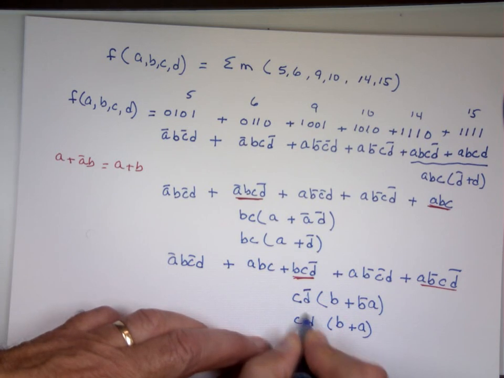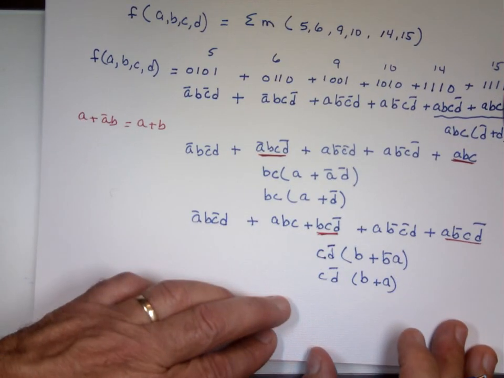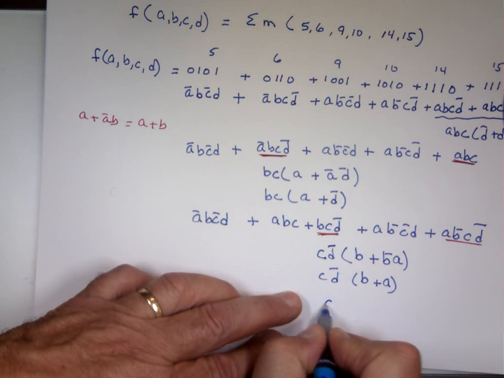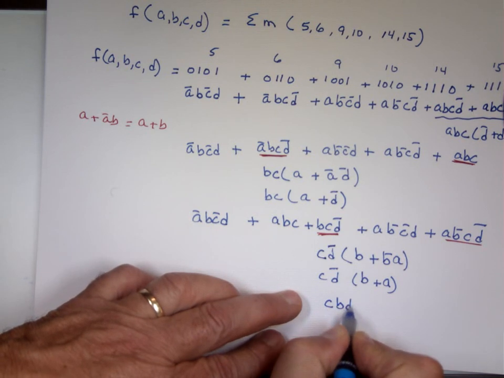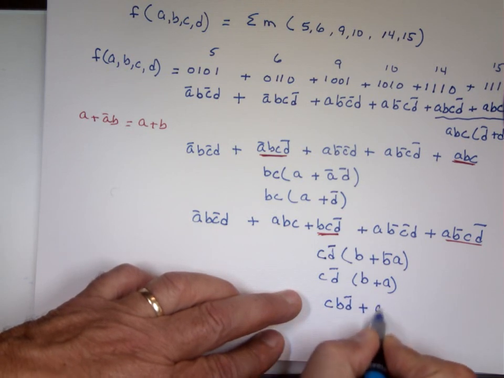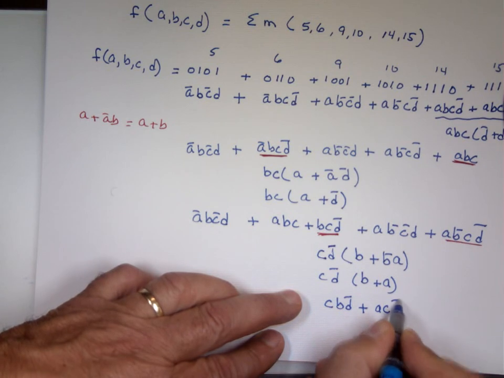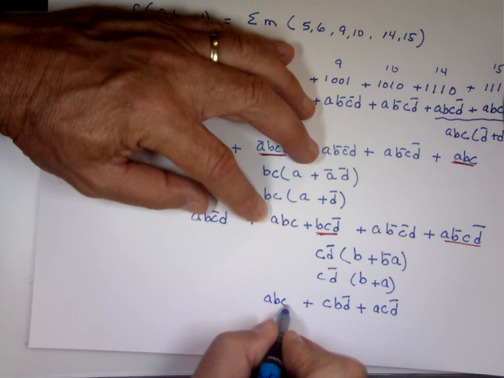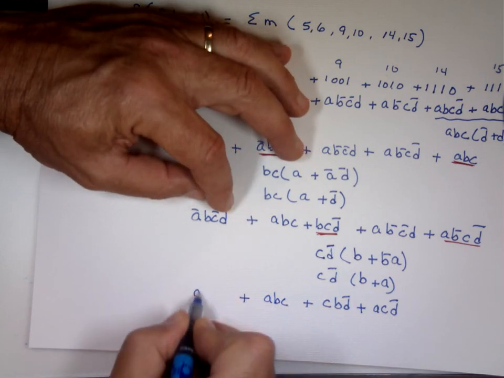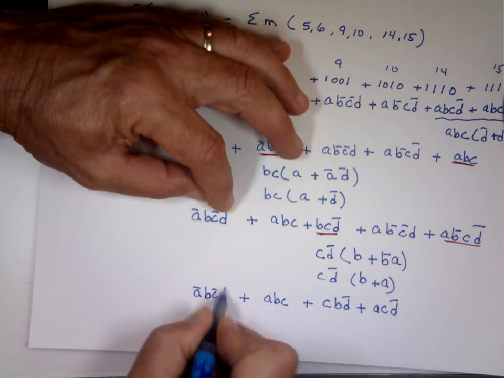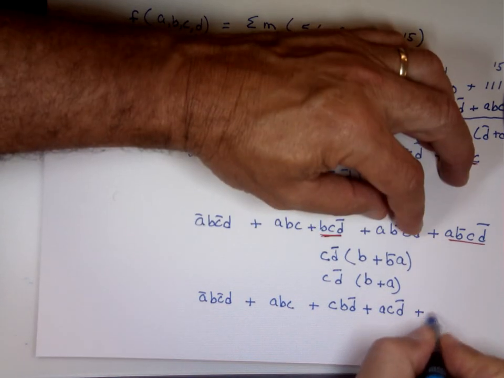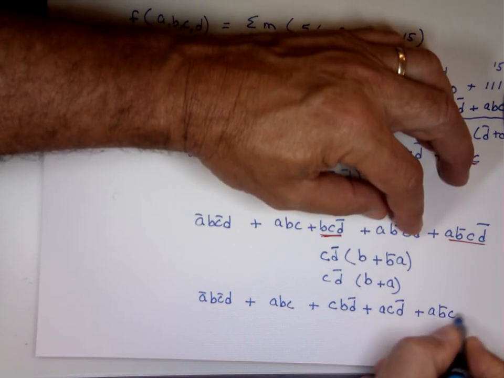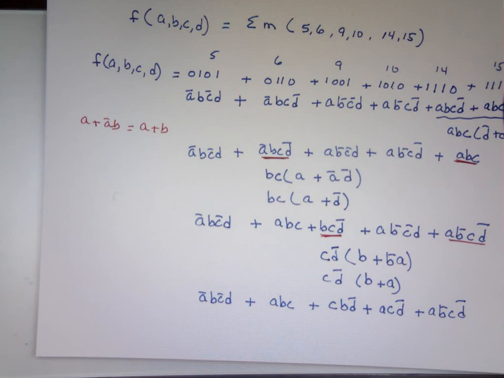So if you multiply them, that's what? C, B, D bar plus A, C, D bar. Bring the rest of the problem. Oh, I see something else.